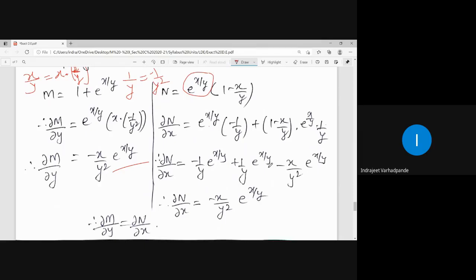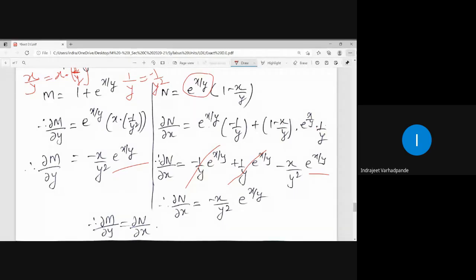So what is getting cancelled? This first term, -1 by y e to the power x by y plus 1 by y e to the power x by y. That is cancelled out. So I am left with minus x upon y square e to the power x by y. Clear?